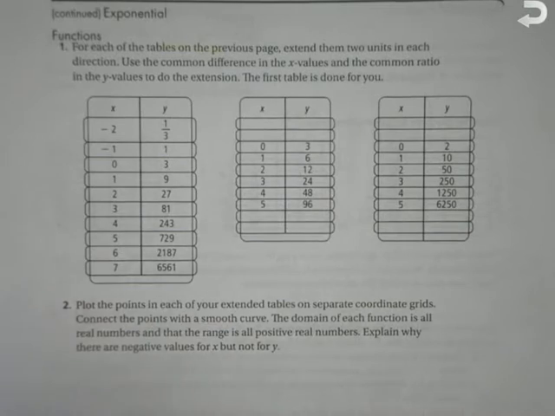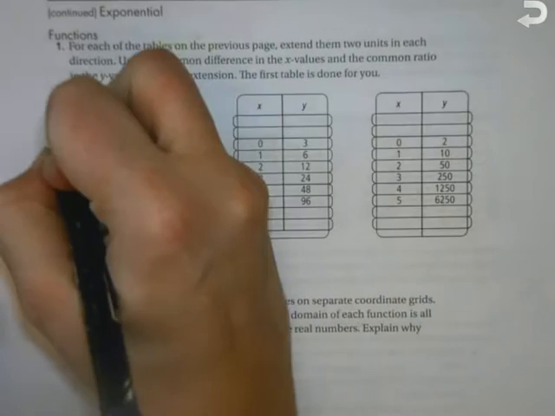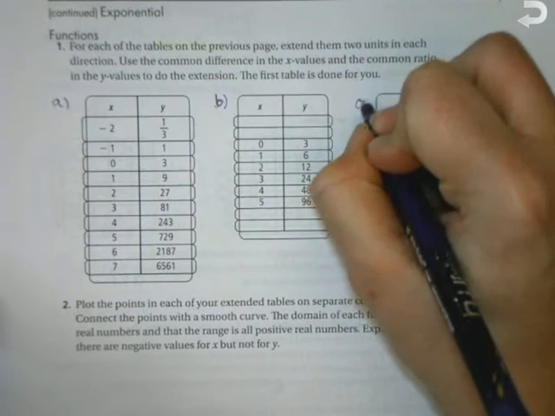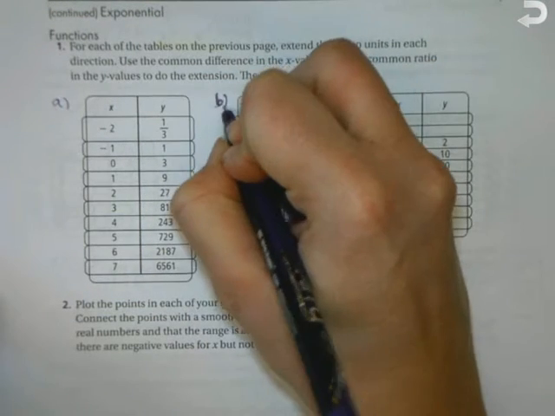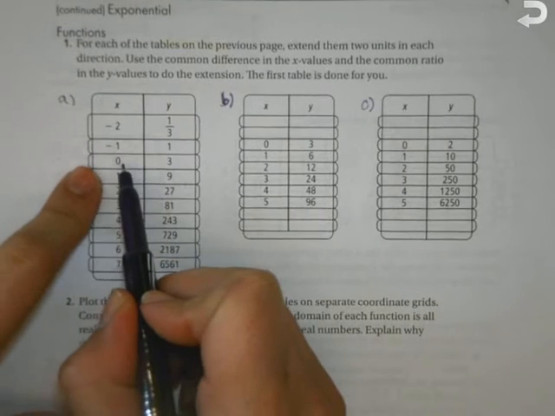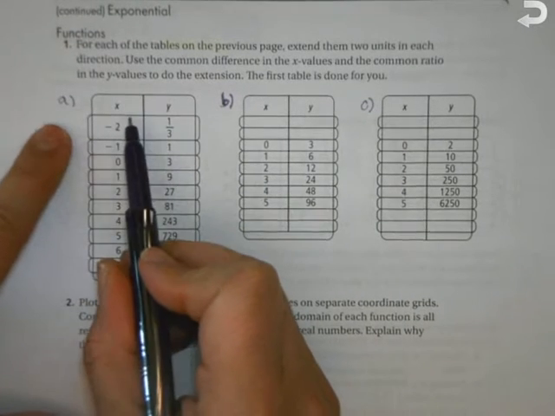Before we get started, label these tables A, B, and C for me. They're the exact same tables as on the previous page. What they want us to do with these is to go 2 x values further in both directions. So instead of starting at 0, I also want to find -1 and -2.